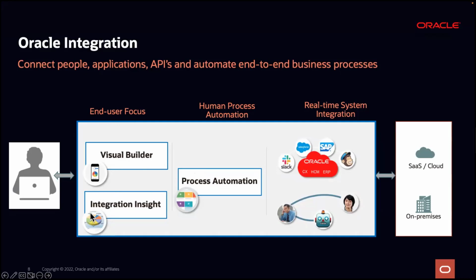In the end user focus, there's also another piece, Integration Insight. Think of this as an analytical angle to the whole Integration Cloud umbrella of products. You build integrations, you build processes, and there are monitoring capabilities, but for business users, looking at JSON payloads and things like that is not exactly helping them understand what's going on.